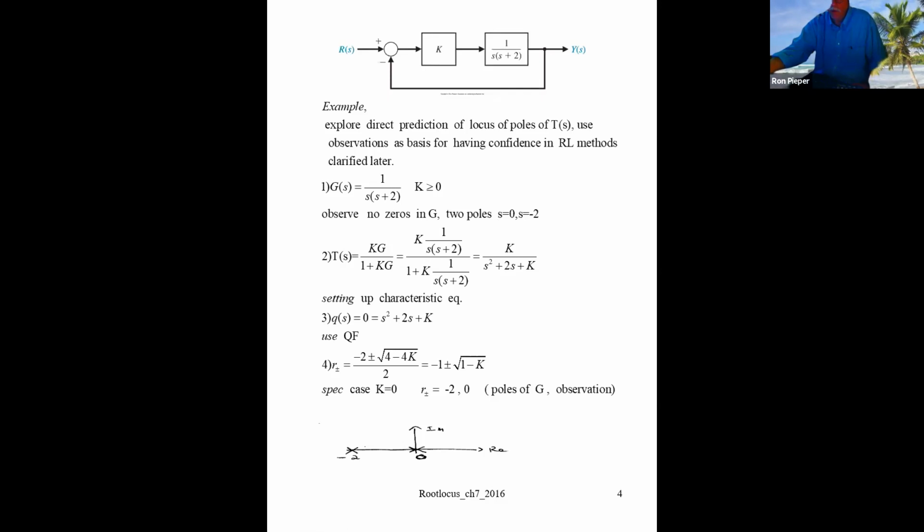For our treatment in the book and in our notes, we're going to limit our root locus to the cases where the root locus parameter is strictly non-negative. So k could be 0, but it can't be negative.